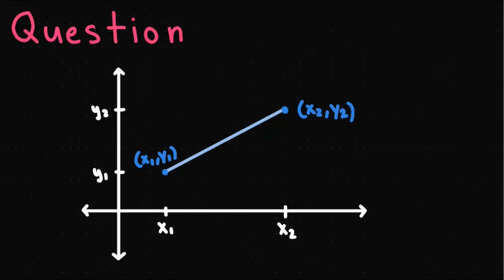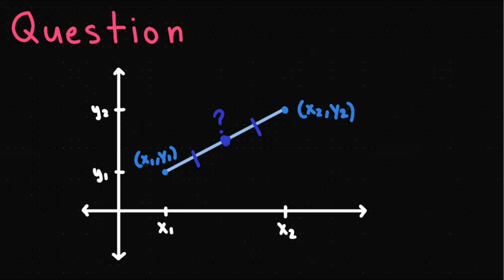So for the question of the day, given these 2 points, as well as this line segment, how do we find the point in the middle, or the midpoint, such that these distances are equal? So that is our main goal for this video.